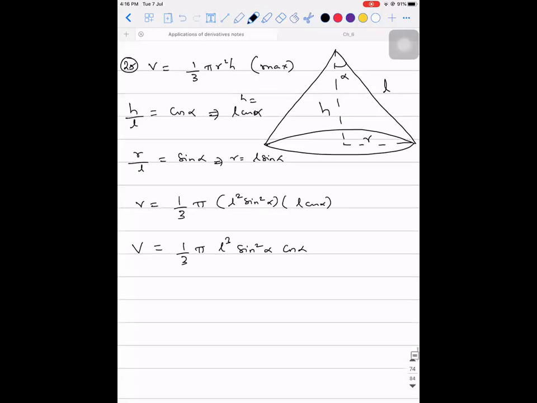Slant height is constant, so alpha is the variable. dV by d alpha, which implies 1 by 3 pi L cube into 3 L 2 sin alpha cos alpha into cos alpha plus sin square alpha into minus sin alpha.